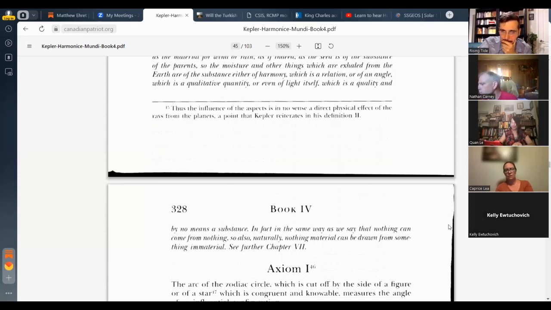In fact, in the same way as we say that nothing can come from nothing, so also, naturally, nothing material can be drawn from something immaterial. See further chapter 7.